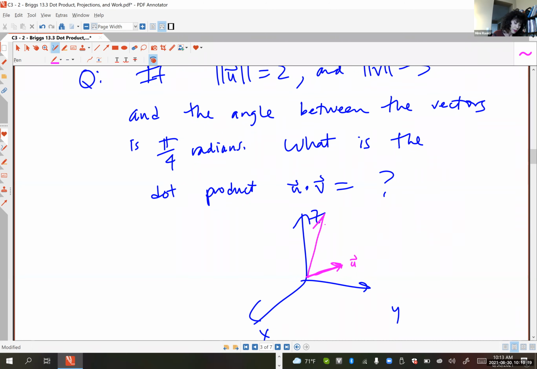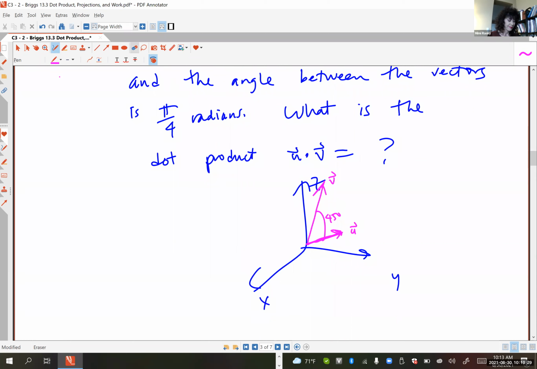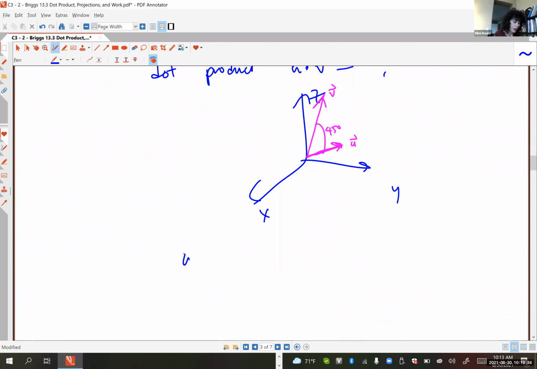So this angle here is 45 degrees. v is a little bit bigger than u because its magnitude is 3, and they want you to find the dot product. So you're just going to use this alternate form of the theorem. The dot product is the cosine of the angle between them multiplied by the product of the magnitudes. Oh, easy peasy.